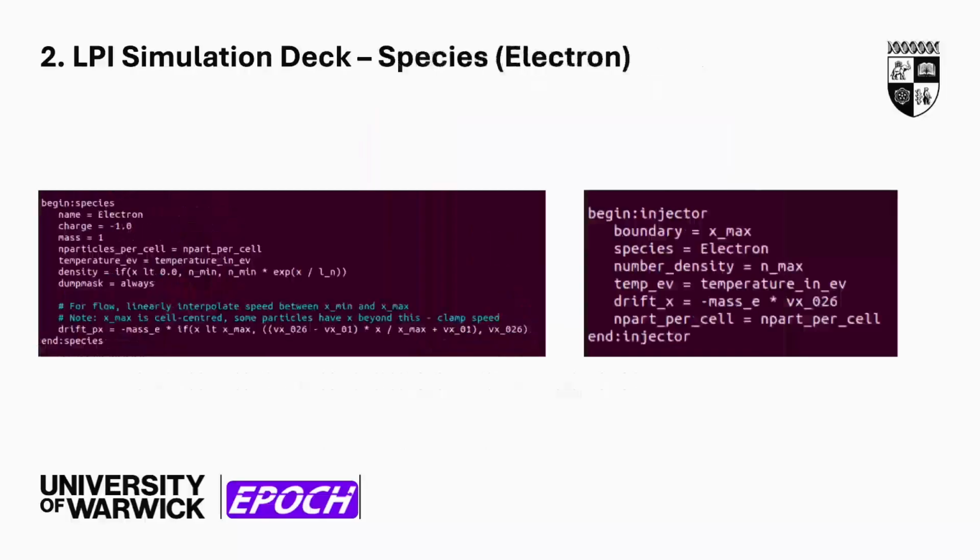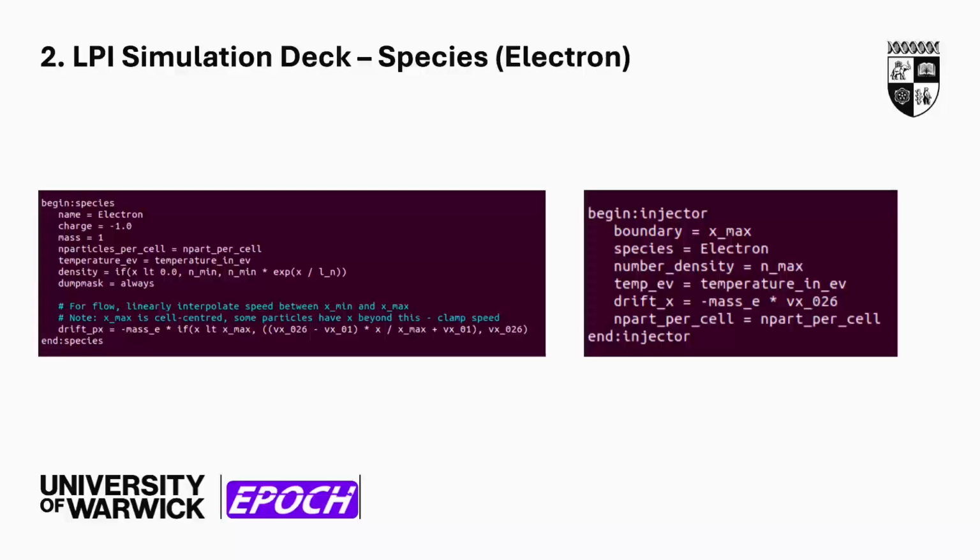But then you get into more things you might be interested in, like setting up your species. Again, Stuart did a much better job at describing this, so listen to him. But there's this idea of an inhomogeneous density profile that you're looking at, and you want to look at how your LPI grows at different scale lengths.